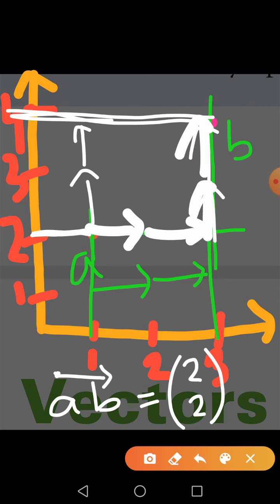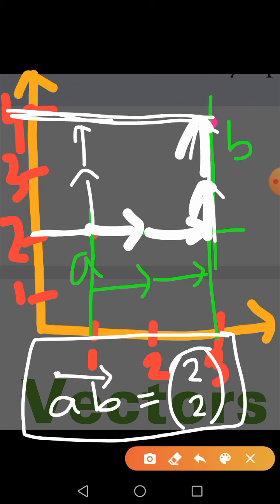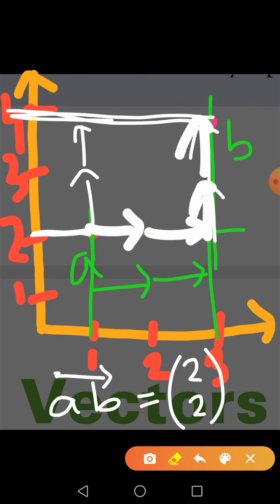So this is the meaning of the vector, that these are the steps. That means 2 steps in x direction and 2 steps in y direction. And so how many steps do you have to take directly if you want to go from A to B? Okay, so let's rub it.